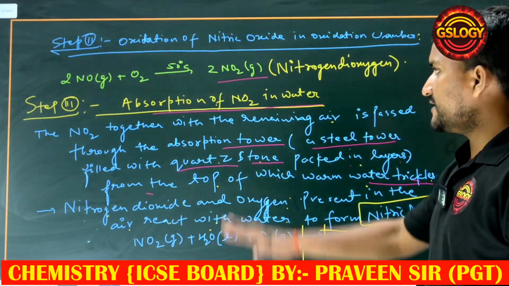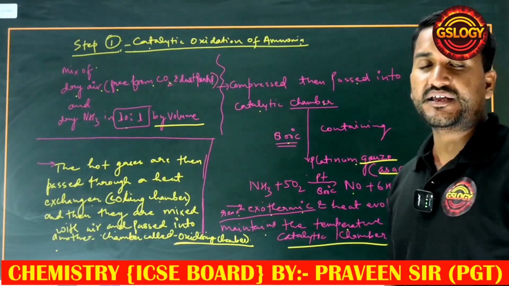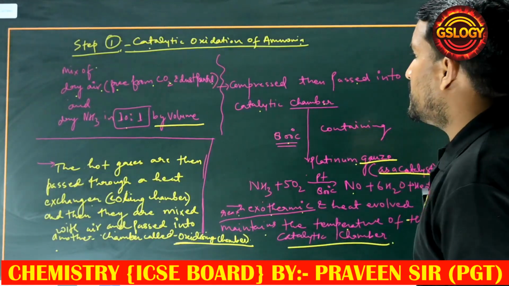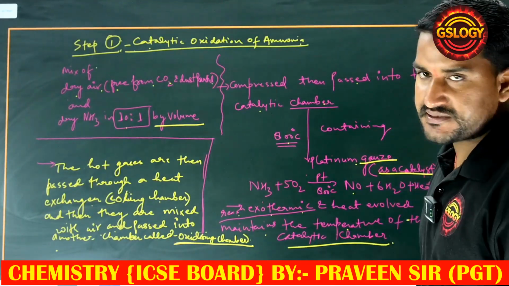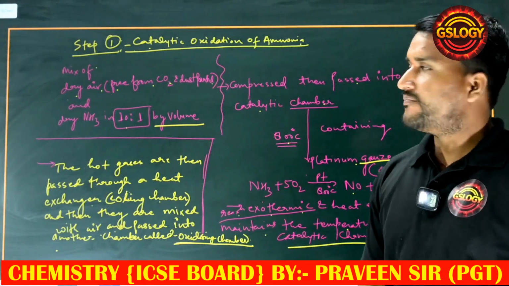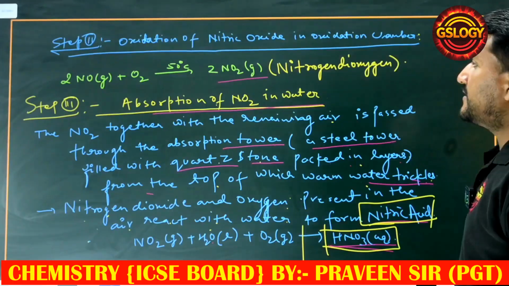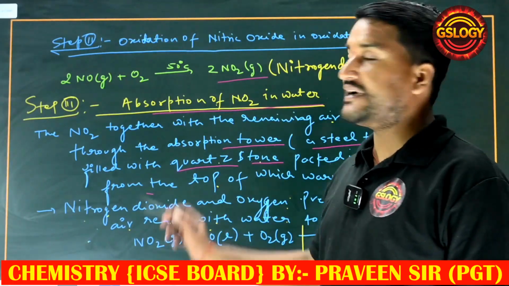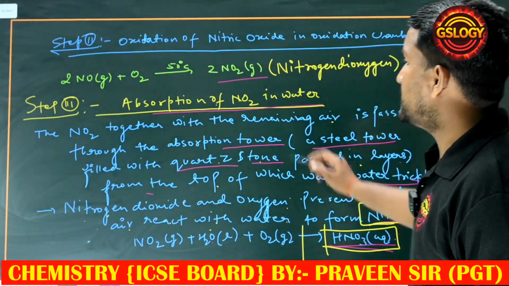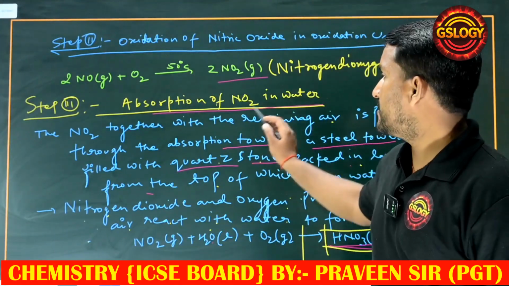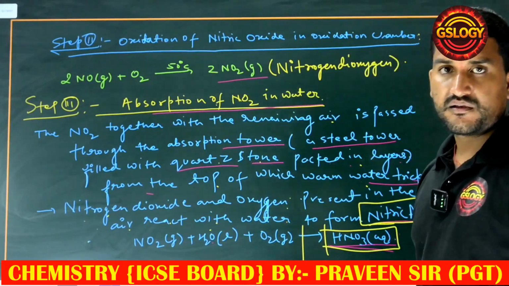So that is the whole process of manufacturing nitric acid by the Ostwald process, and in this process I have discussed 3 steps. First, catalytic oxidation of ammonia; second, oxidation of nitric oxide in the oxidation chamber; and third, absorption of nitrogen dioxide in water.